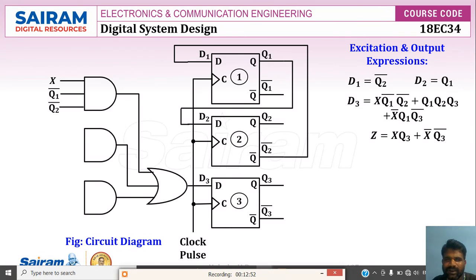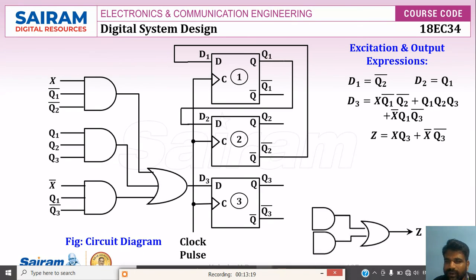It is a little complicated to draw the lines, so you can write them here, no issues. For the second AND gate, inputs are Q1, Q2, Q3. For the third AND gate, X bar, Q1, Q3 bar. This is the expression implemented for D3.